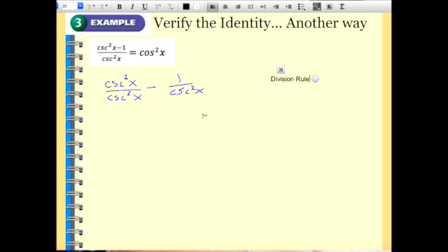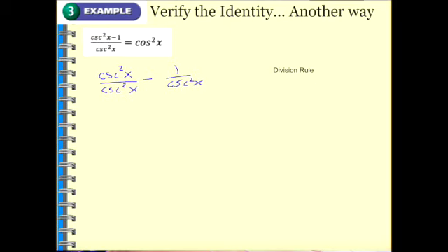All right, well, we can simplify this, can't we? I know that cosecant squared divided by cosecant squared is 1. And I also know, well, let's not combine together steps, so let's take it slow.